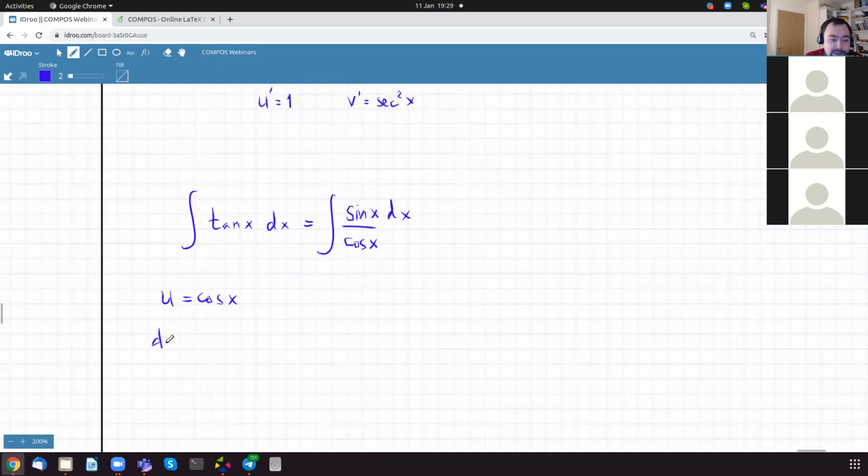The first thing you do when you do a substitution is you differentiate u, and it's equal to minus sine x. That means that du is equal to minus sine x dx. Oh, that's a nice coincidence because we kind of already have that here.